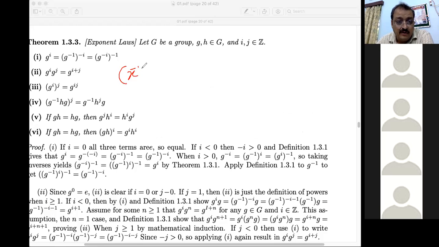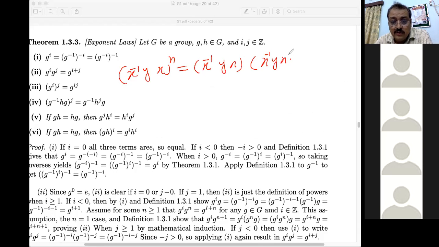This x inverse y x to the power n is equal to, we can write x inverse y x, and now x inverse y x to the power n minus 1, and in the similar fashion we can write x inverse y x, now x inverse y x and x inverse y x to the power n minus 2, like this.